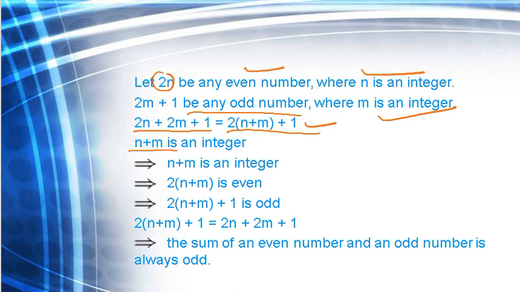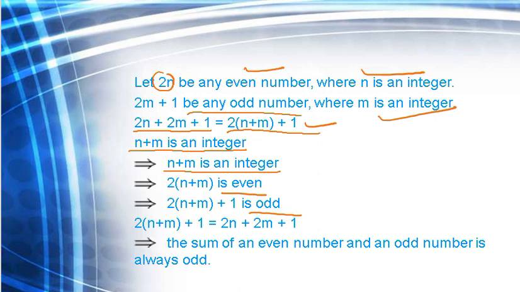So n plus m is an integer. It implies that 2 times (n plus m) is even. So now you see 2 times (n plus m) plus 1 is odd. If you add 1, it becomes odd, because 2 times (n plus m) is even.